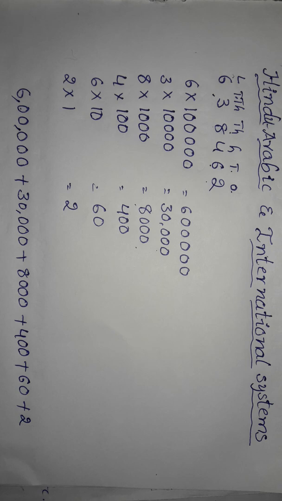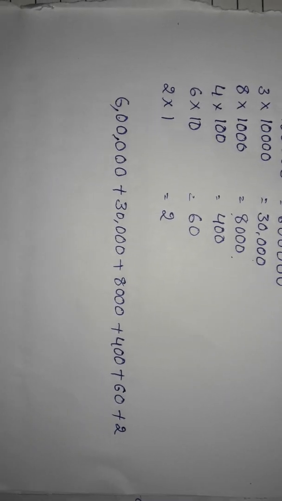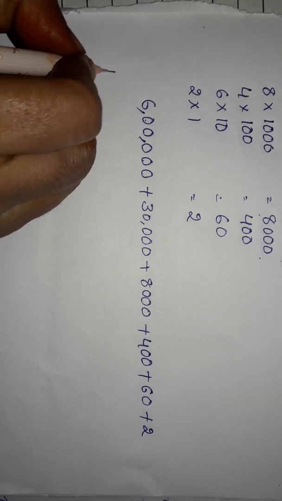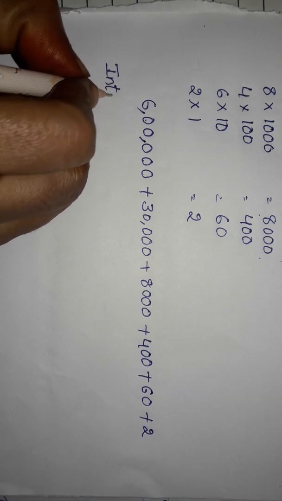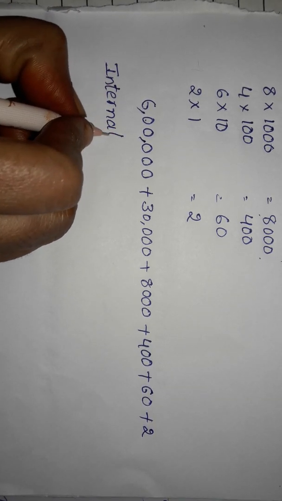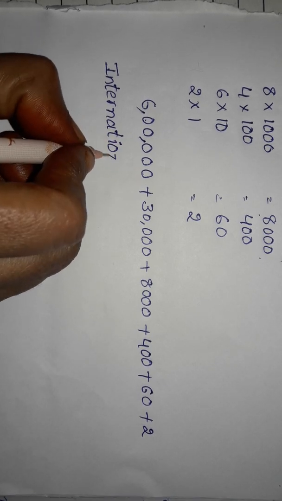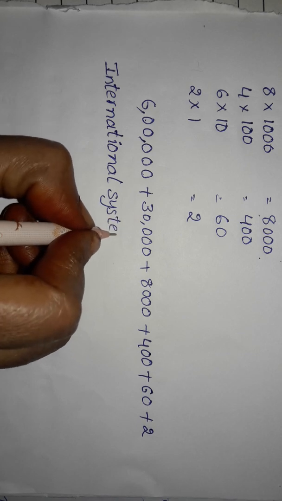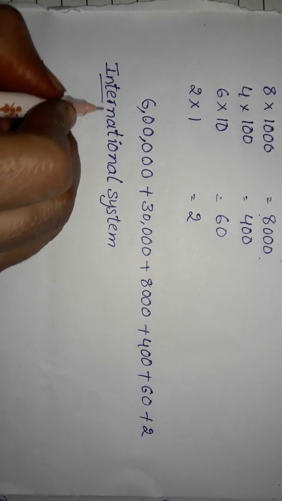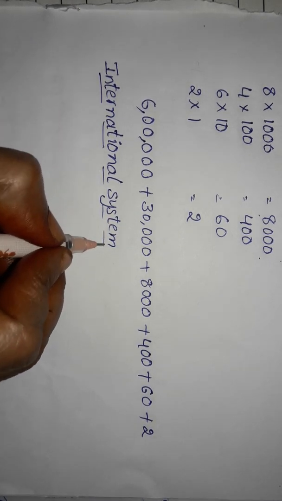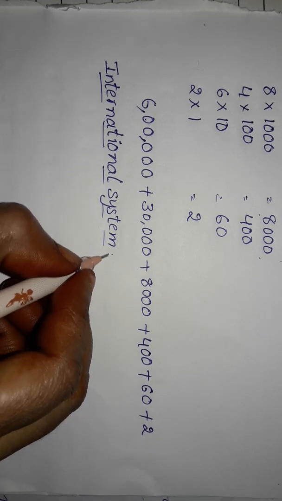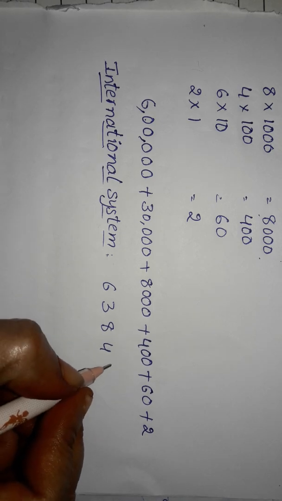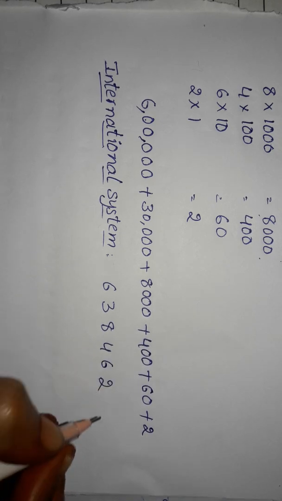The same number in the international system. See how to write. Same number. 6, 3, 8, 4, 6, 2.